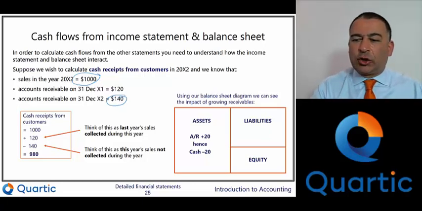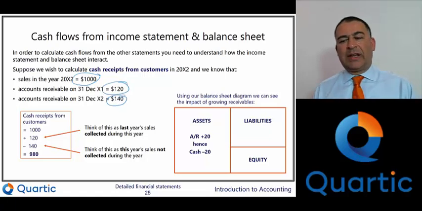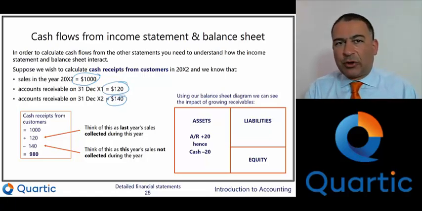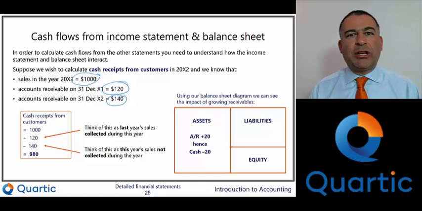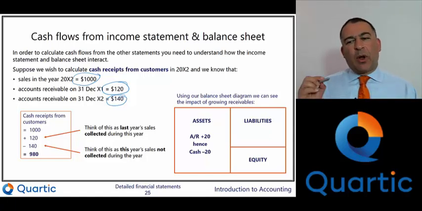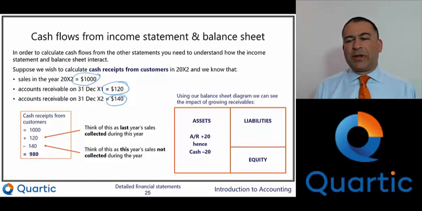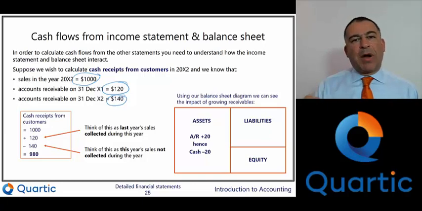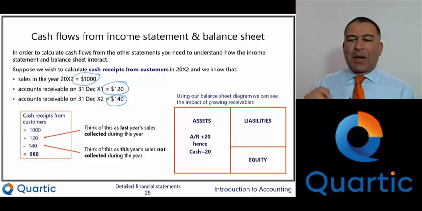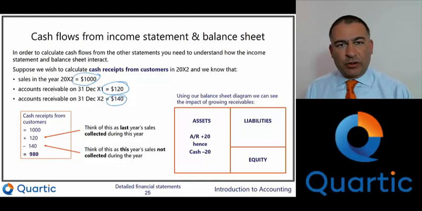Offsetting that, last year we were owed 120, and let's assume they all paid up this year. We hope they paid up in early January. So we received 120 of cash from last year's sales. In other words, we received from this year's sales 1,000 minus 140, but from last year's sales we received 120.